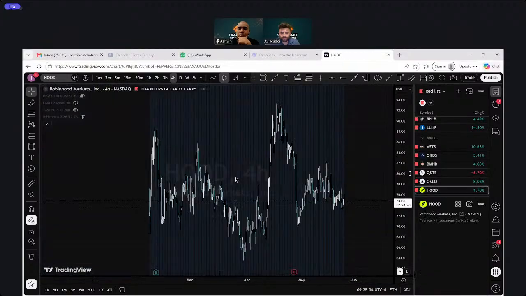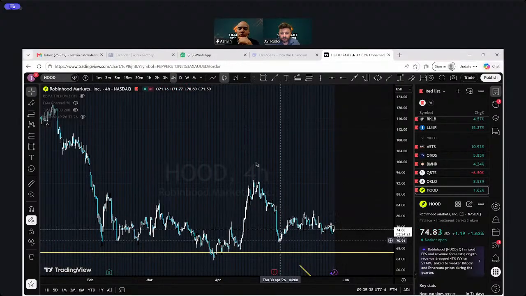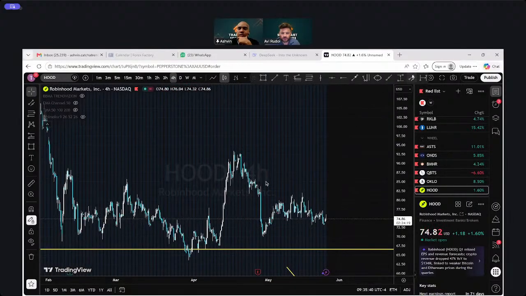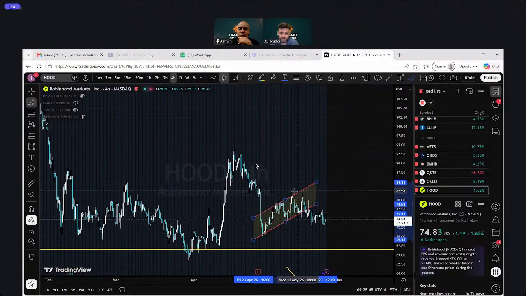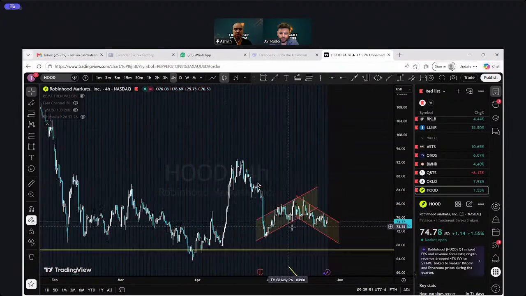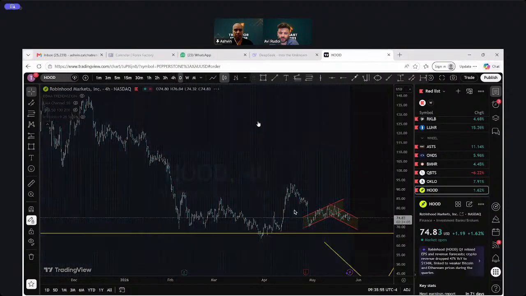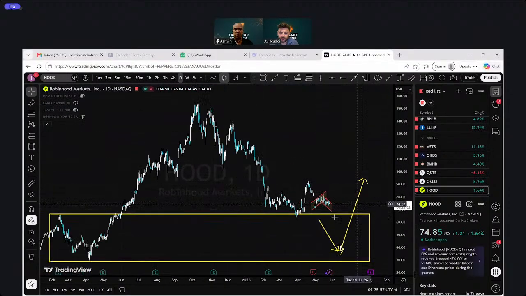Hood also, it shot out, shot down. It's currently into 2 channels right now, but it's still in a range, but this is a very small range. But as I mentioned, it's got potential to come lower. It might drop a bit lower. It has range to the bottom.